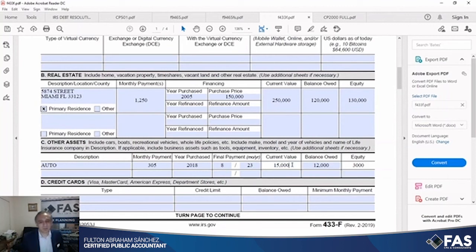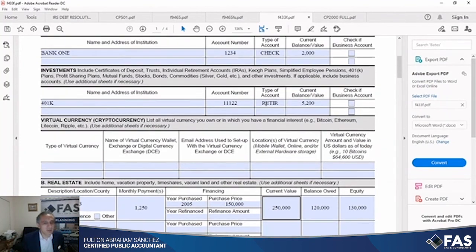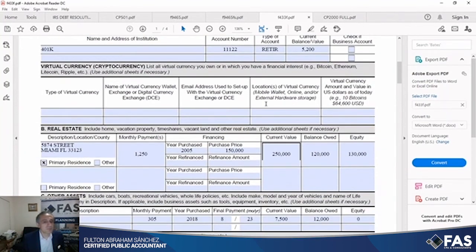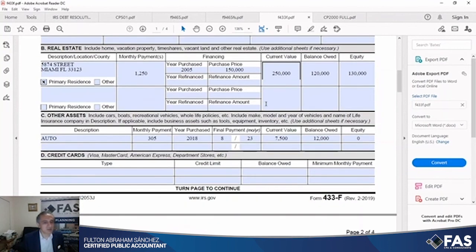In the example before, 7,500, there is no equity. But this is the reason why these statements are critical, because the IRS is going to check this. For everything that you say here, has to be backup. Your statements need to be attached.